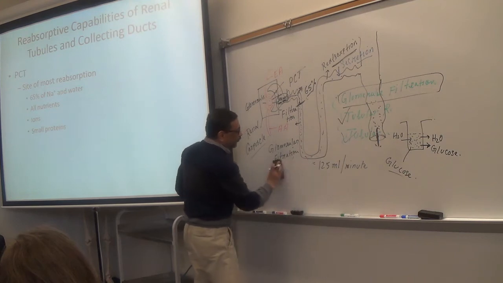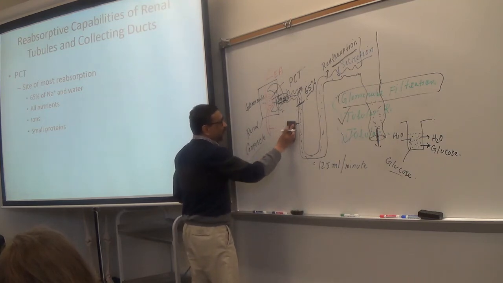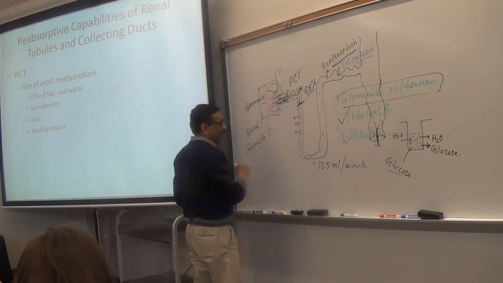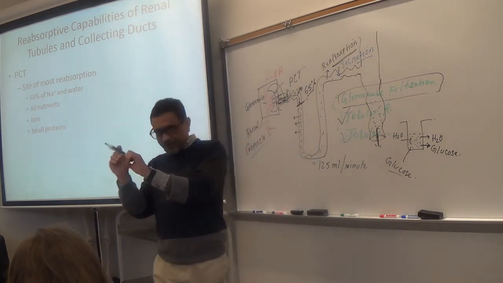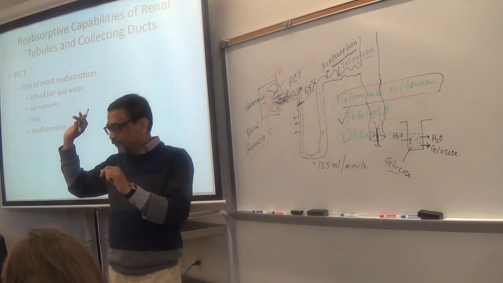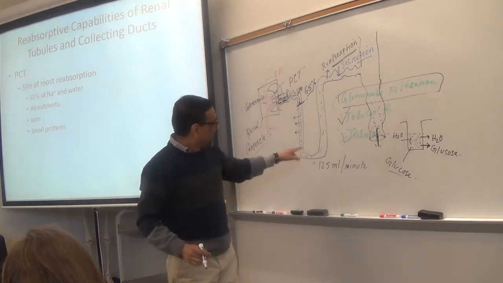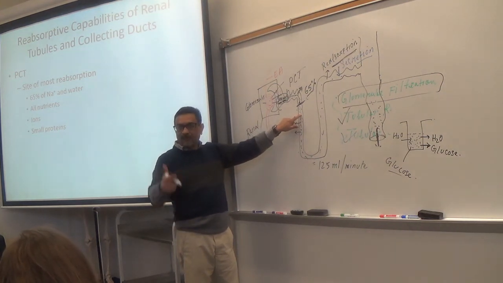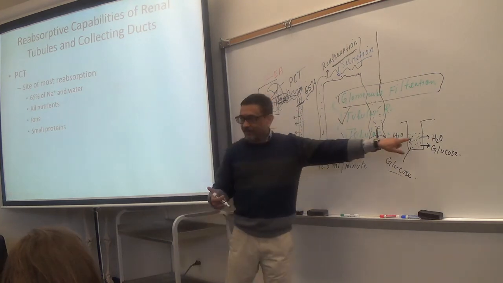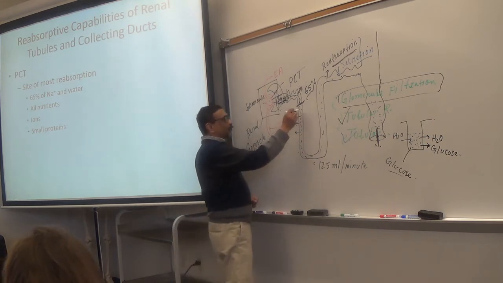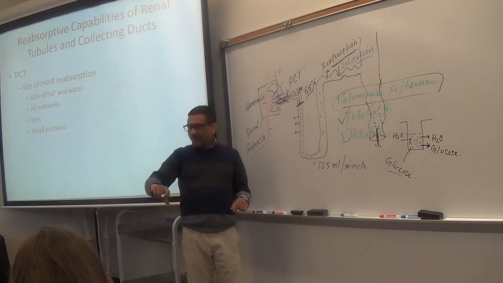Is it clear? Okay, now when the fluid goes down through the descending loop of Henle, what will happen here? This part of nephron will only let the water out. The solutes will remain inside. It only allows the water to get out. So now you tell me, if only water gets out, the fluid concentration inside the tube will go up. Make sense? You take only water out, concentration will go up. So the volume will go down.